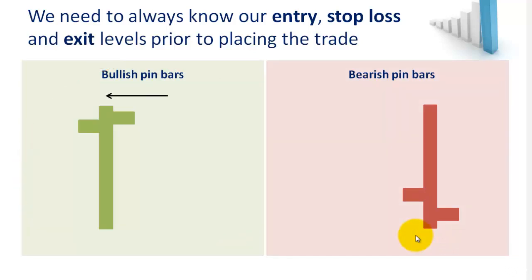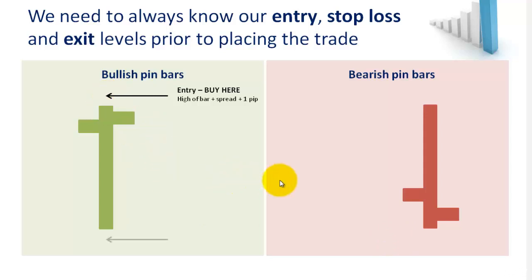We look for the price of the high of the bar. We find out what the spread is with our broker, and we add the spread to the high of the bar plus a pip. So, for example, if the spread's 5 pips, we add 1 pip to that. So we've got our entry 6 pips above the high of the bar.